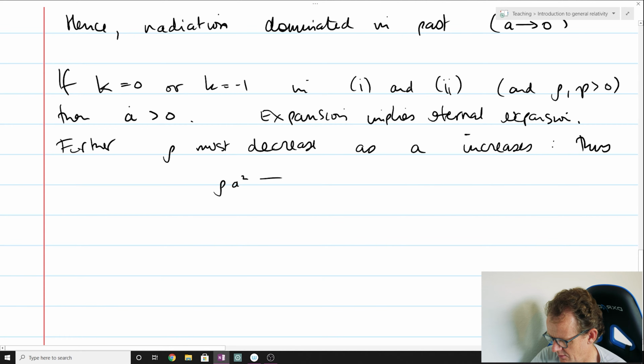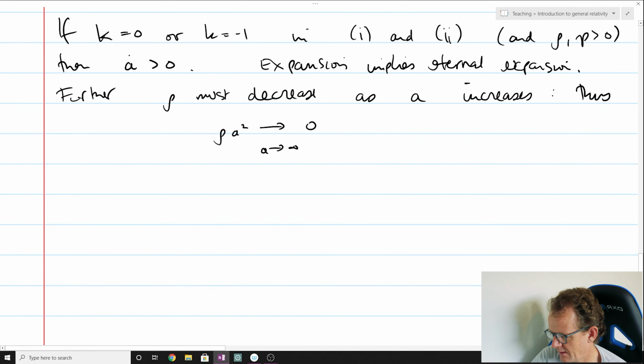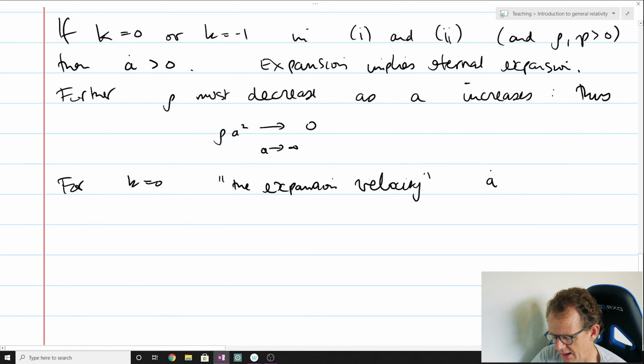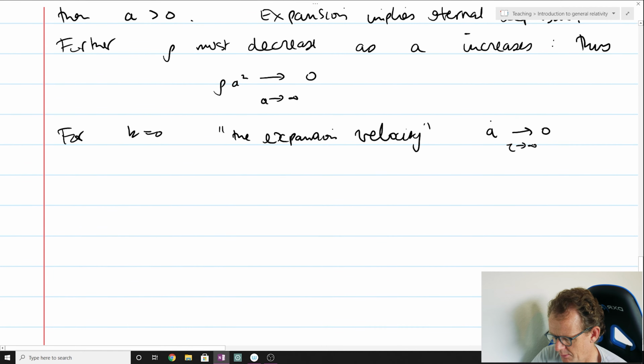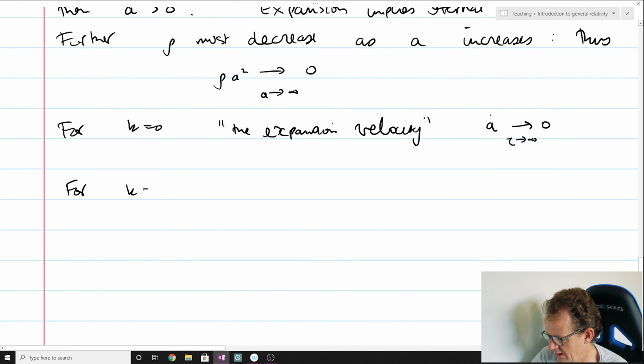Thus, rho times A squared tends to 0 as A tends to infinity. Now, for K equals 0, this expansion velocity, so A dot represents essentially the velocity of expansion, A dot tends to 0 as tau tends to infinity. But for K equals minus 1, A dot tends to 1 as tau tends to infinity.